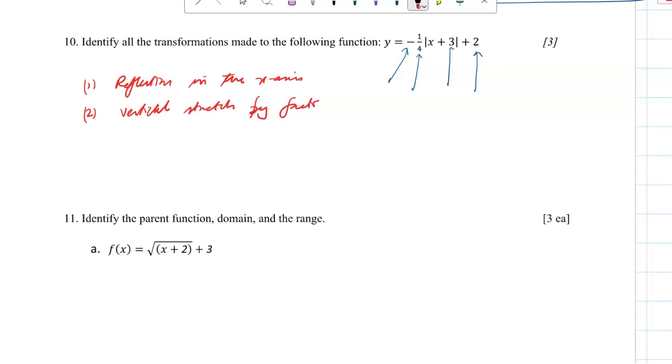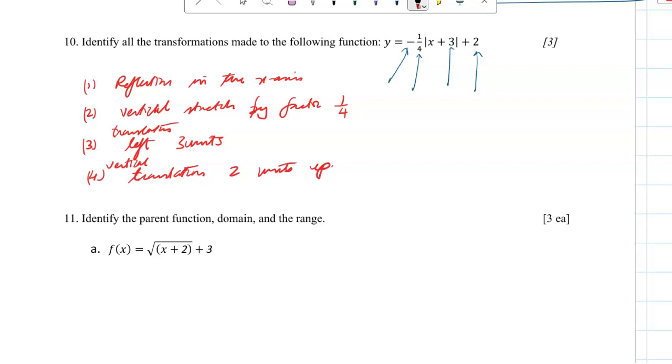Then left 3 units. Translation left 3 units. You should write translation. Your teacher is not very particular at this point. And this is a vertical translation 2 units up. Perfect.